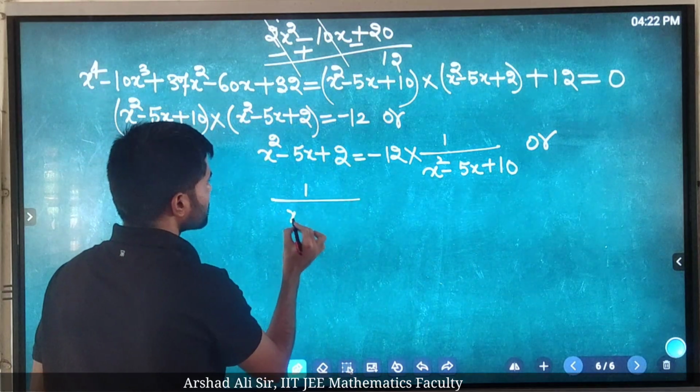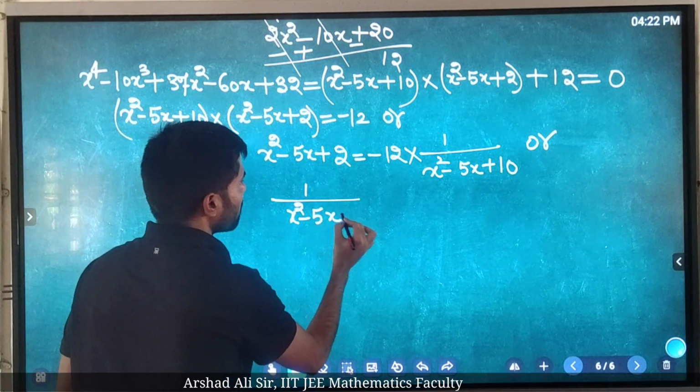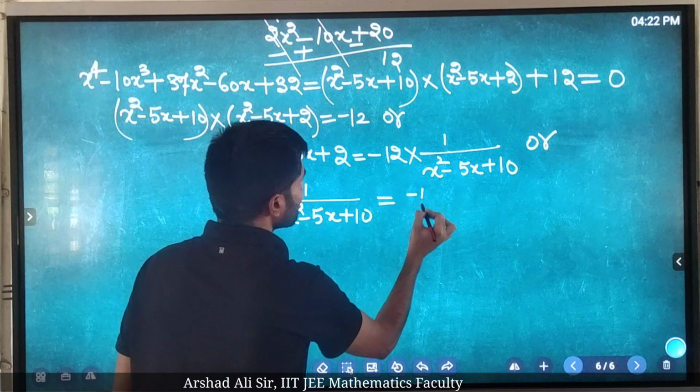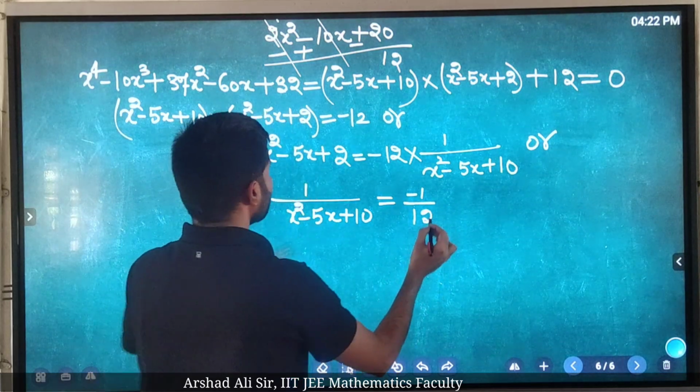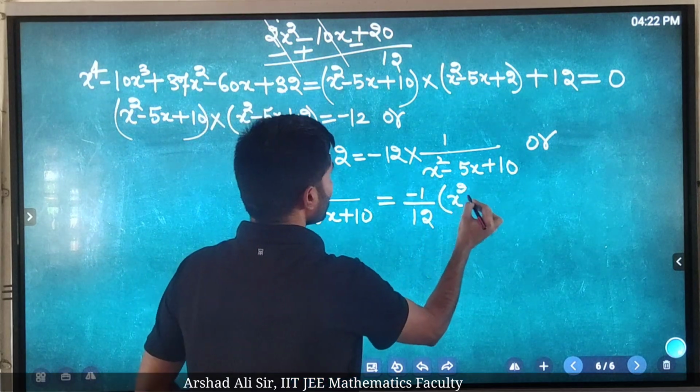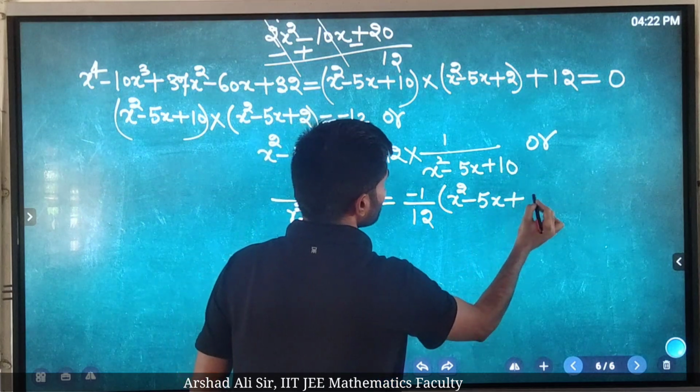1 by x square minus 5x plus 10 is equal to minus 1 by 12 and x square minus 5x plus 2.